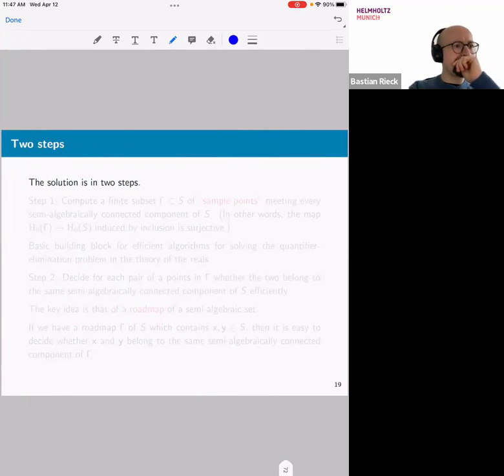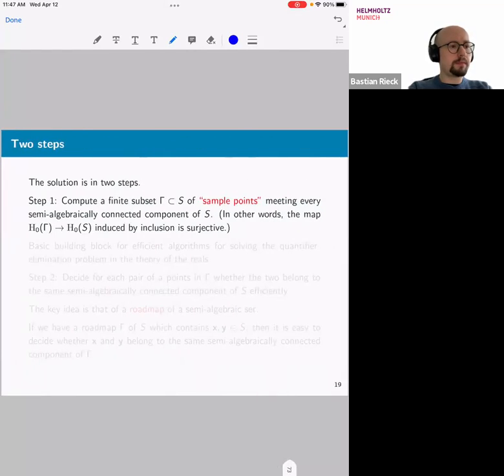And just to say how that goes, it actually goes in two steps. One first computes, so this is an easier problem, what are sometimes called sample points. You can compute using some critical point method, which is some beefed up version of Morse theory, a finite subset of your given semi-algebraic set, which you call sample points, which is guaranteed to meet every semi-algebraically connected component of S. In homological terms, this means that the map from H0 of gamma to H0 of X is guaranteed to be surjective.